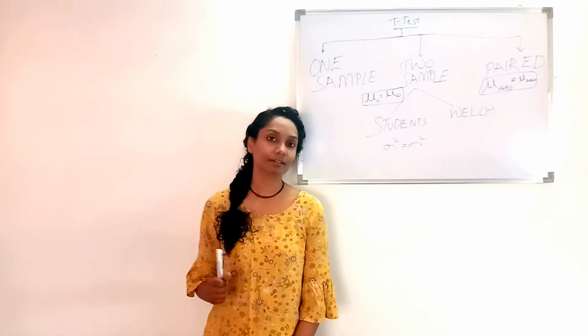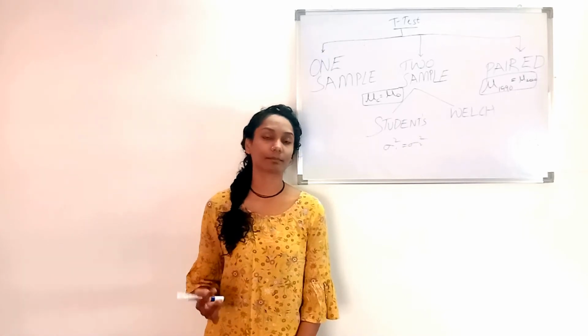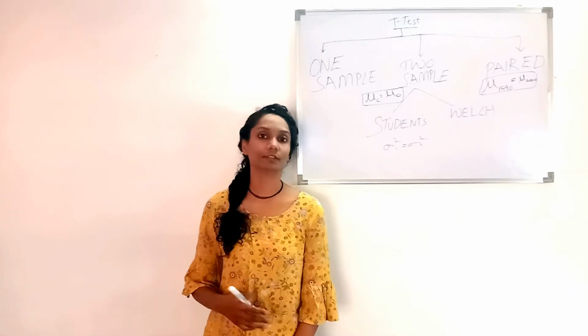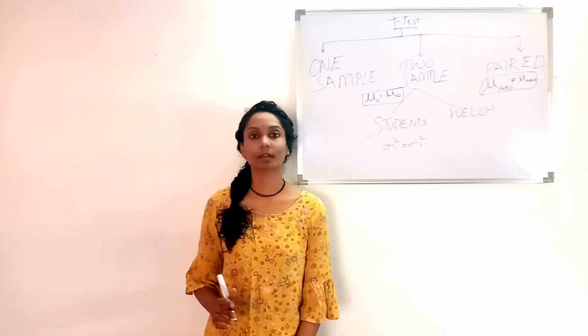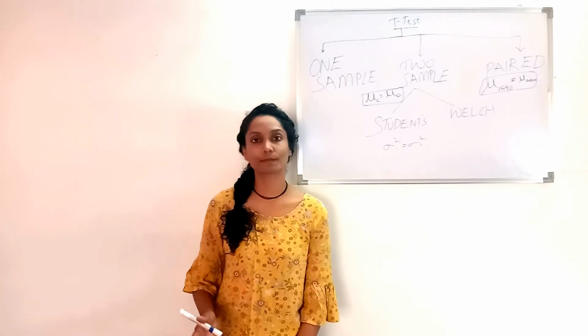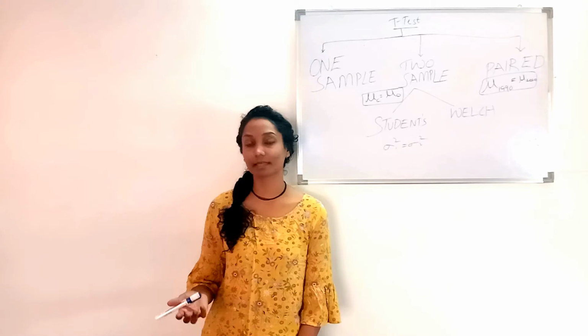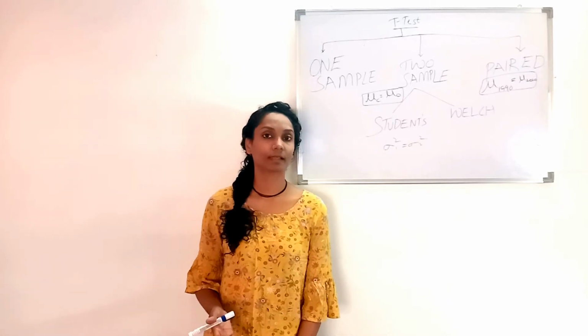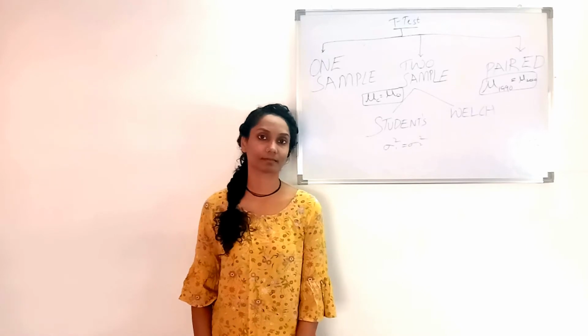So if we are dealing with data whose sample sizes are greater than 30 and whose variances we know, then we use a z-test. And if we are comparing means of two groups where we are using a sample size less than 30 and we don't know the variances of those groups, then we use a t-test.